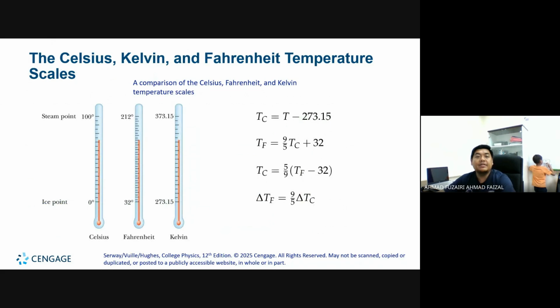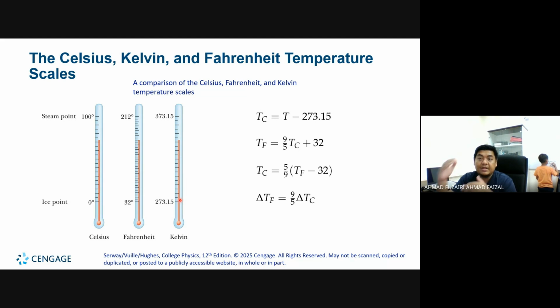Now we need to compare between Fahrenheit, Celsius, and Kelvin. To make it easy, make sure that you put Celsius in the middle. Then we can have conversions from Celsius to Fahrenheit and Celsius to Kelvin. For instance, 0 degrees Celsius is equivalent to 273.15 Kelvin.